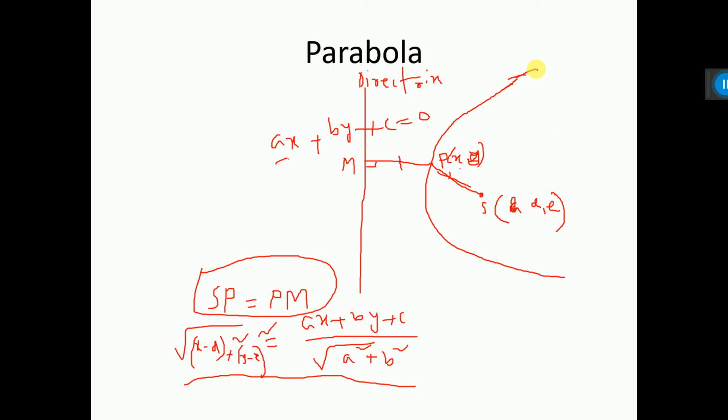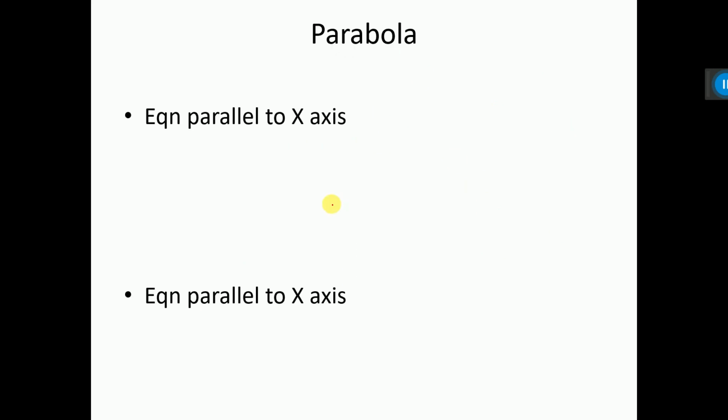In the last video I have shown types of parabola, 4 types I have shown. Today also I will show 4 types. Now see parabola, this type you know: the equation of the parabola whose axis is parallel to x-axis.